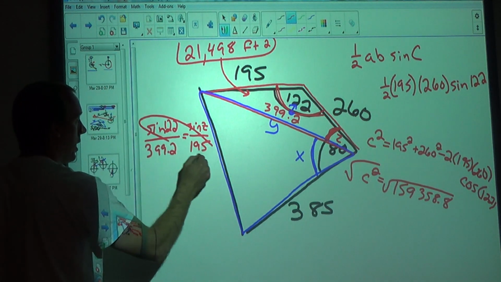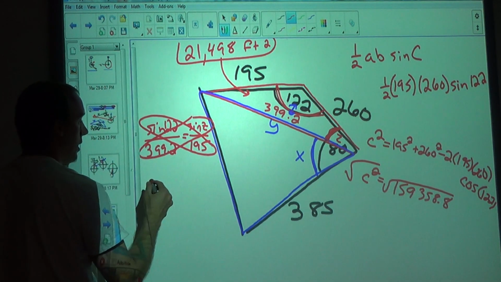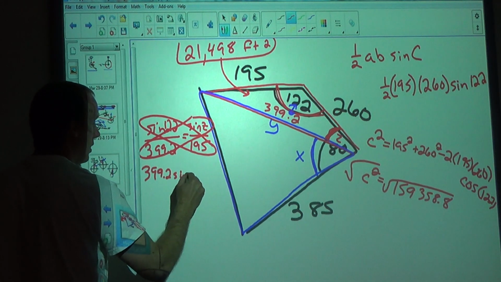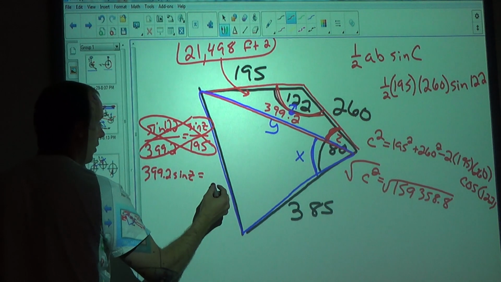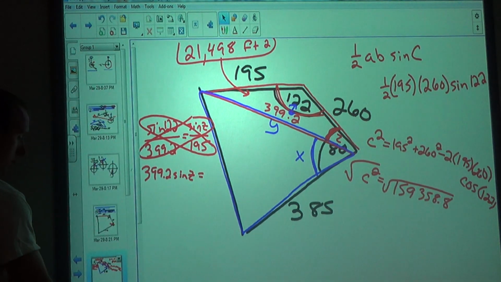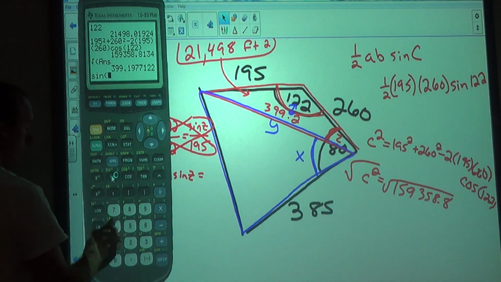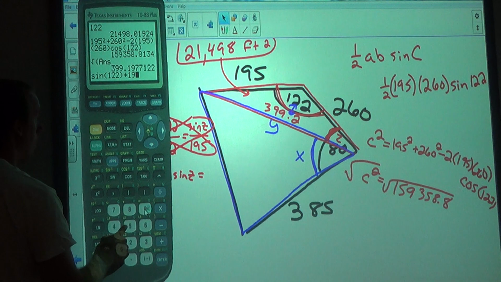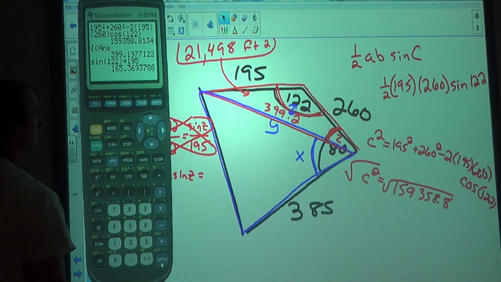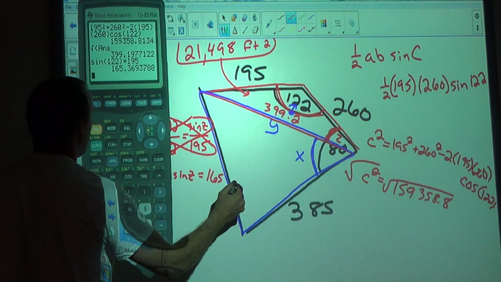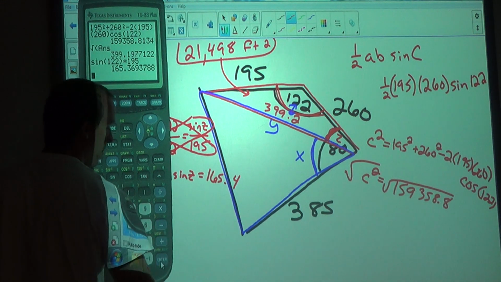We cross multiply. Okay, so I'd have 399.2 sine of z equals whatever you get when you multiply sine of 122, close it off, times 195. And that's 165.4.